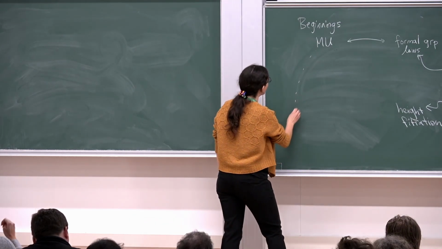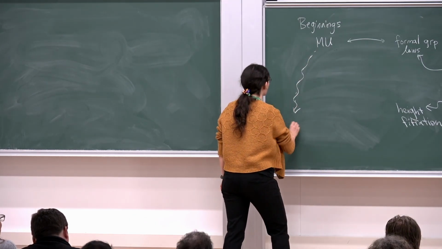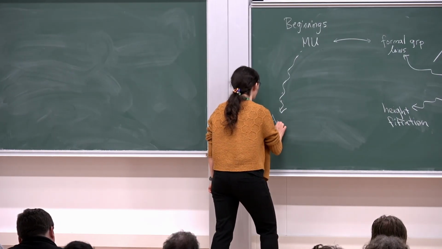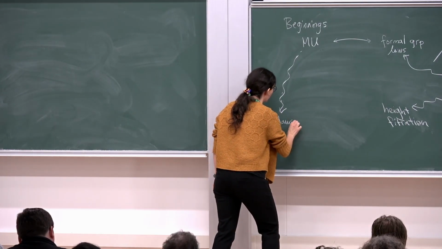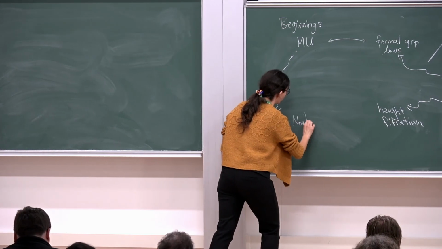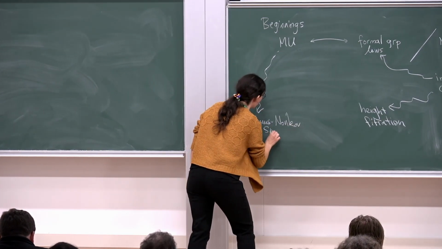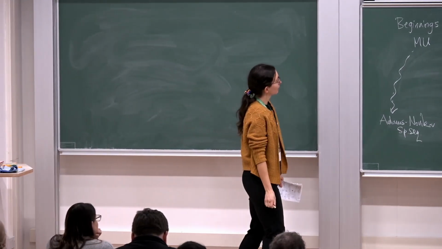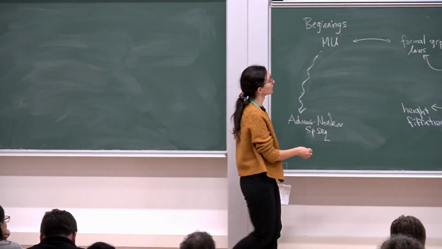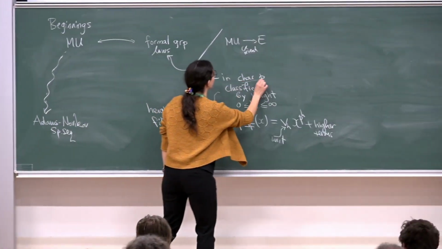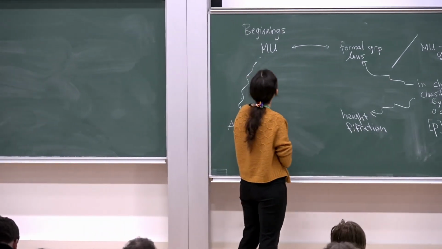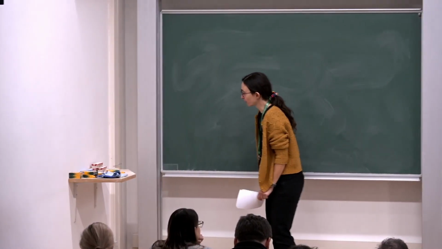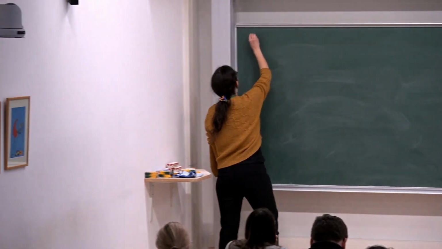So MU here gives rise to the Adams-Novikov spectral sequence. Since I said characteristic p, now this p is going to be fixed somewhere, so everywhere we fix a prime p.